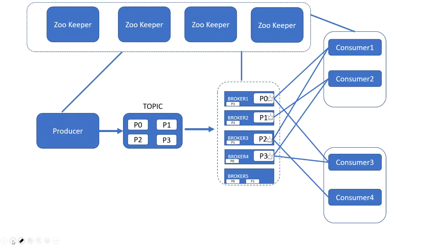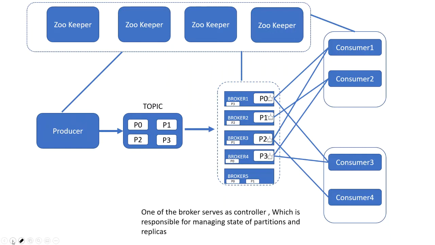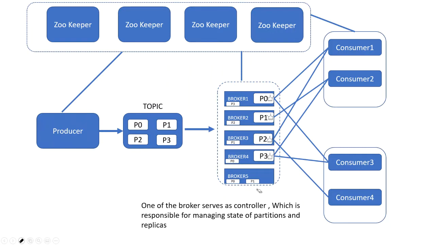The next important thing that I read was that one of the brokers serves as a controller. That means in this case, I am making broker 5 a controller, which is responsible for managing the state of the partitions and the replicas.